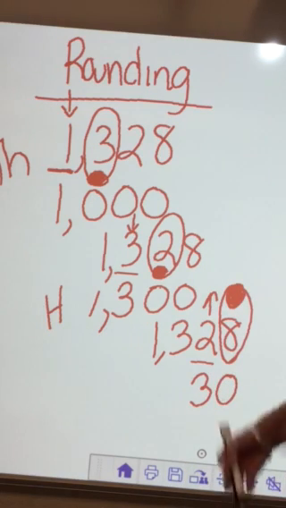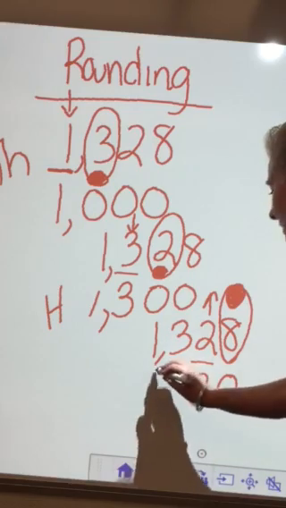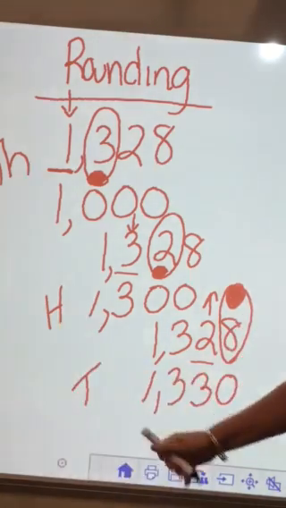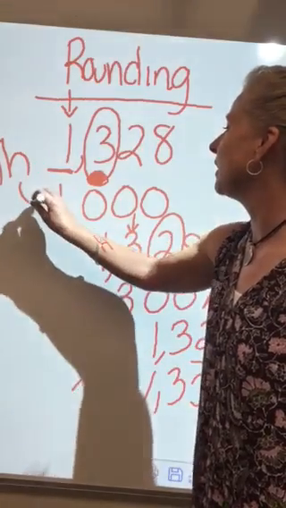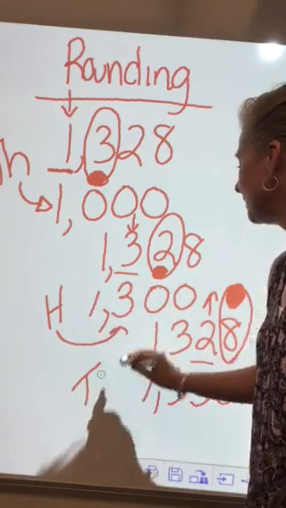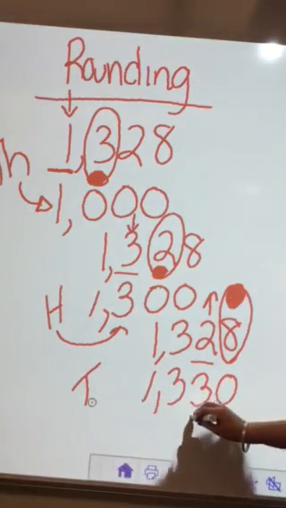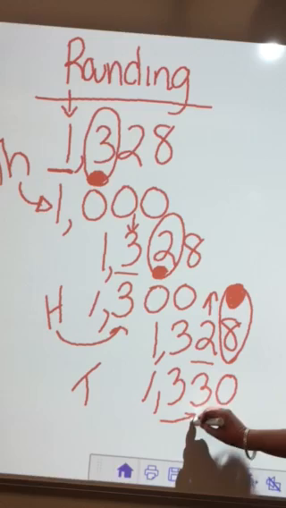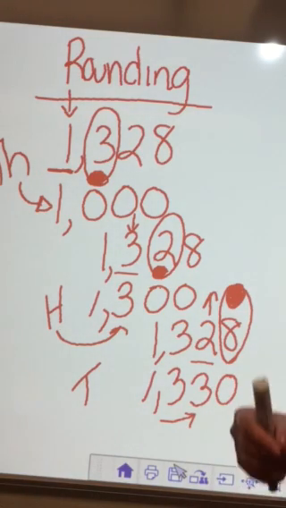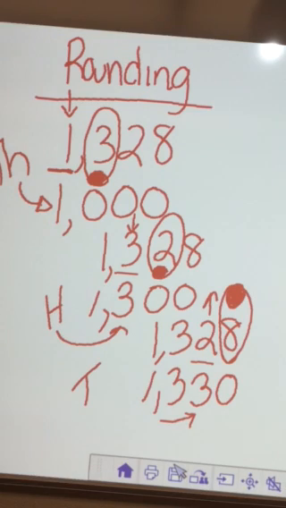Everything before it stays the same. We've now rounded this one number to the thousands place, to the hundreds place, and now to the tens place. It doesn't matter what place, the steps will stay the same.